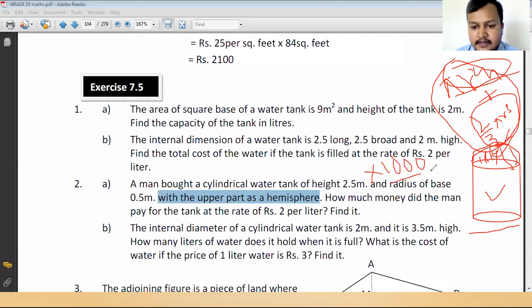After converting into liters, multiply by rupees 2.